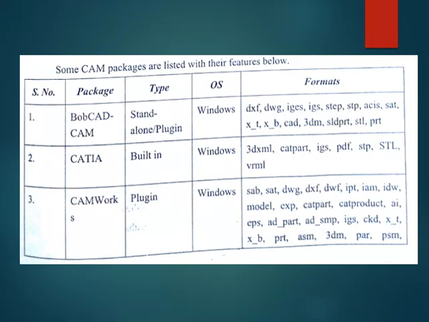Built-in means in this software the CAD and CAM are in only one software. CAD and CAM are combined together. That is built-in software. In the second slide, we see Fusion 360 as both CAD and CAM. So Fusion 360 is a built-in software. And standalone means separate software used for manufacturing purposes only, CAM only. That is called standalone software.